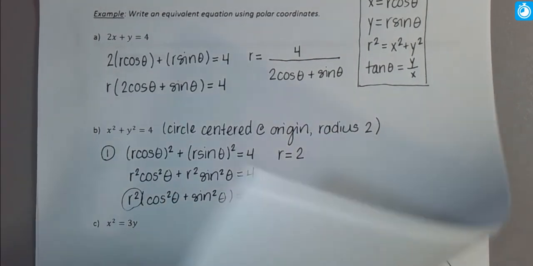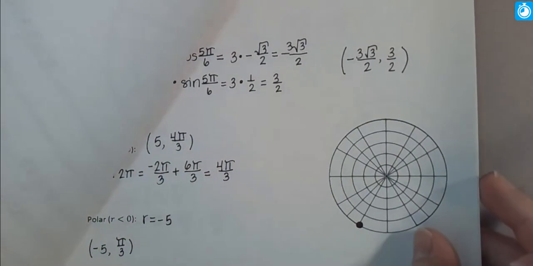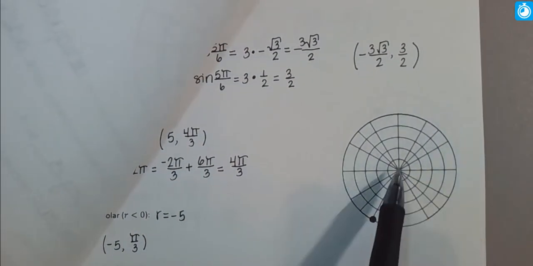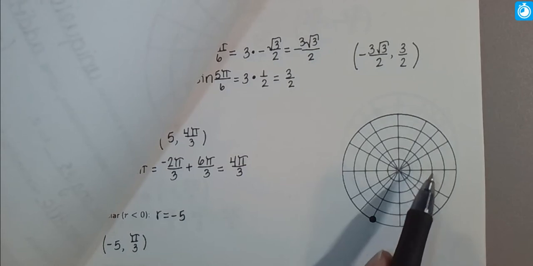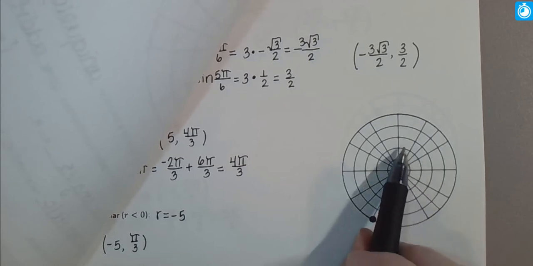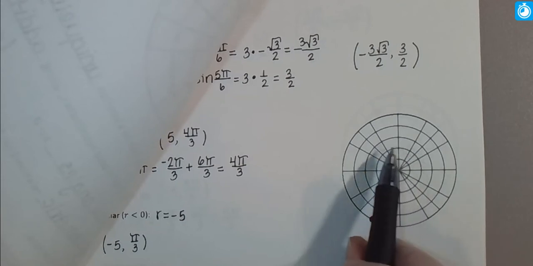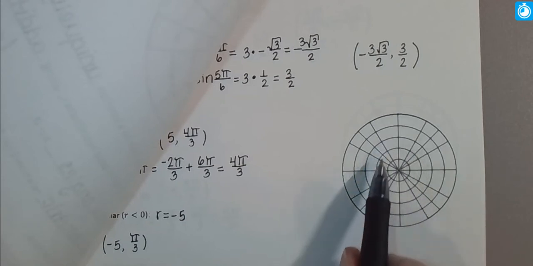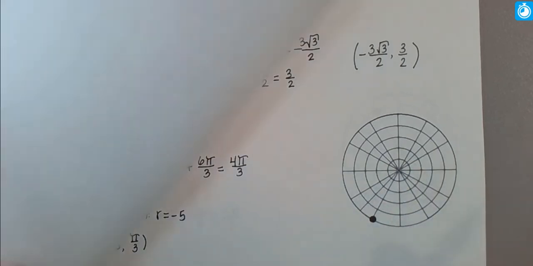If you imagine a grid like this, here's r equals 2. We're saying r has to be 2 and theta could be anything we want, which means starting from this location, we're just rotating. Theta can be whatever we want as long as we keep r at a value of 2. We continue rotating, and notice we trace the whole circle just from a value of r equal to positive 2.